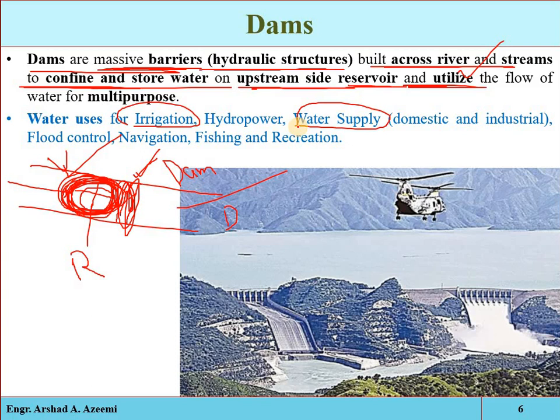Now how will that water be regularly supplied to the community, industry or agricultural area? So we have to store the water in those months when it is abundantly available, and then that stored water will be supplied for irrigation, domestic and industrial purposes in those months when there is no natural availability, when there is no rainfall.